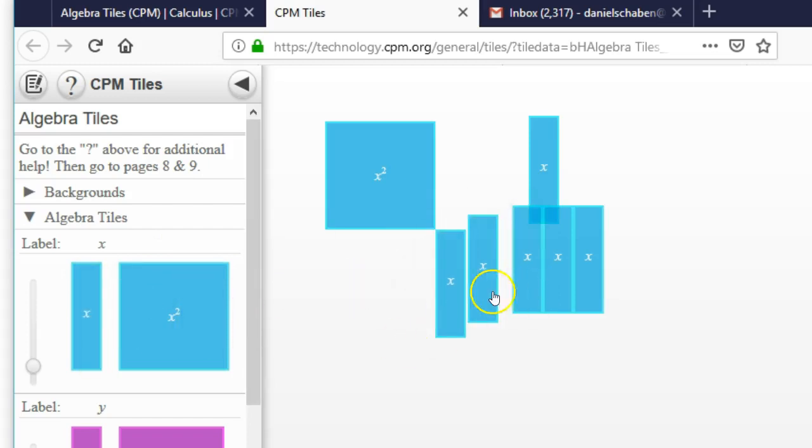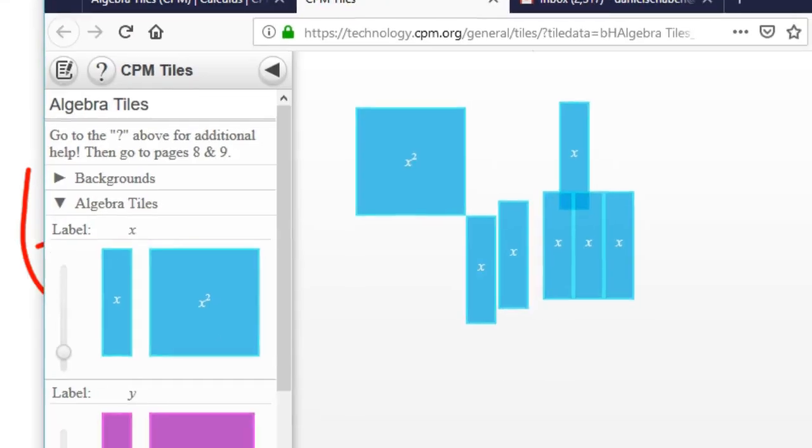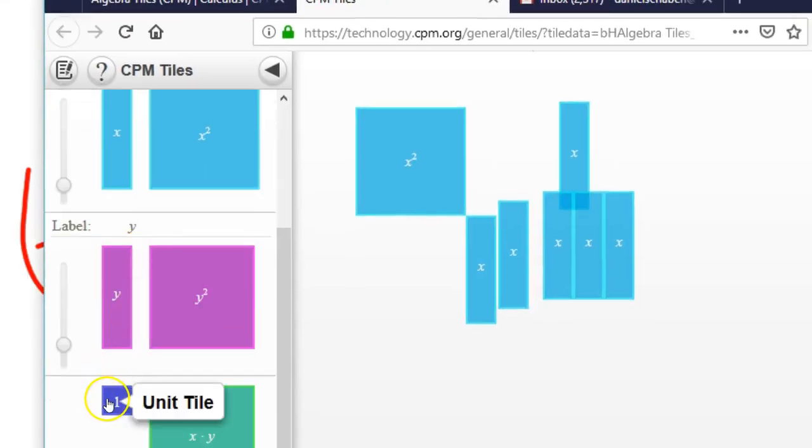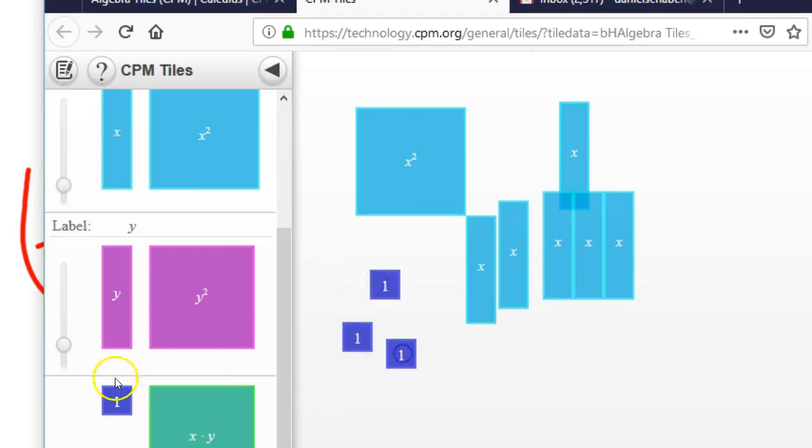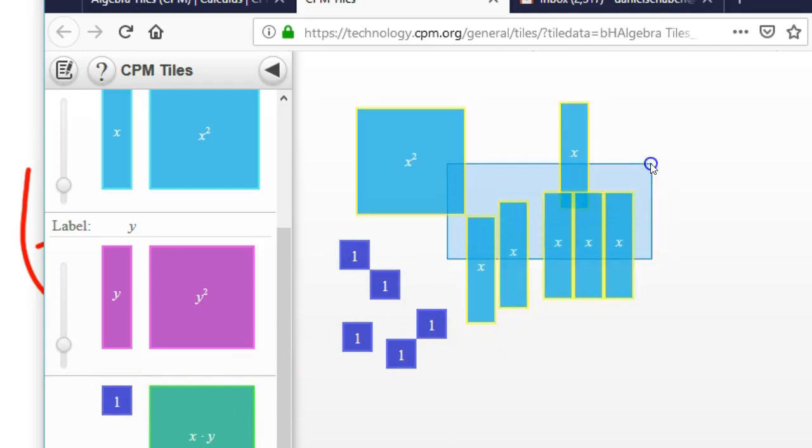Yeah, there's 6 of them. And then we also need 5 individual units, which are right here. Unit tiles. 1, 2, 3, 4, 5.